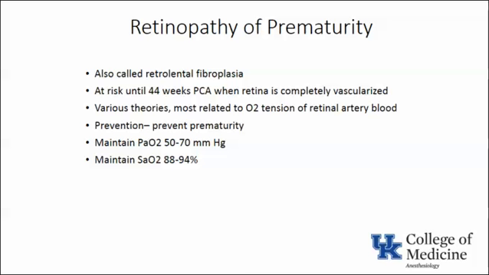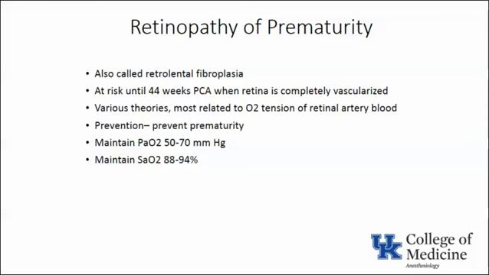A few words on retinopathy of prematurity. It's also called retrolental fibroplasia. Infants are at risk until about 44 weeks post-conceptual age. How do you prevent it? Prevent prematurity.